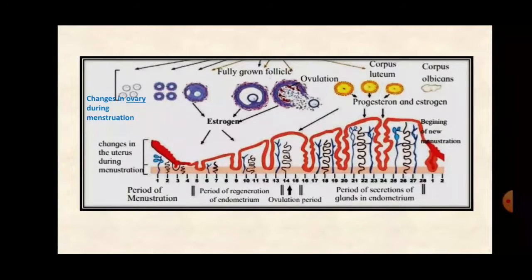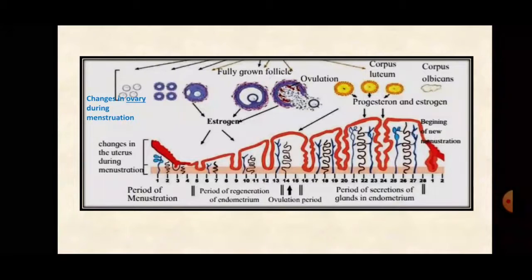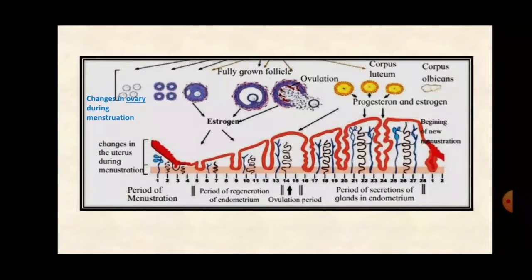First, you can see changes in the ovary during menstruation. What changes take place in the ovary is given on the top, and below it are given the changes in the uterus during menstruation.